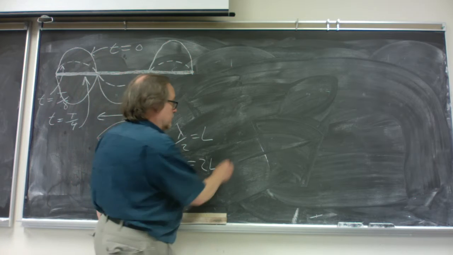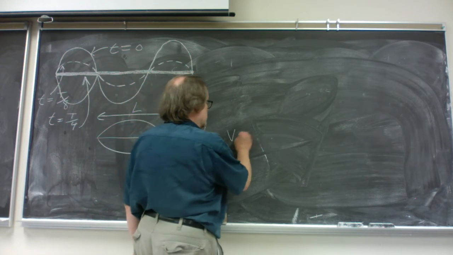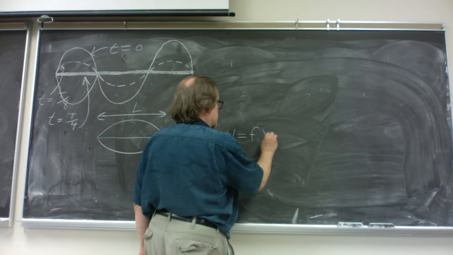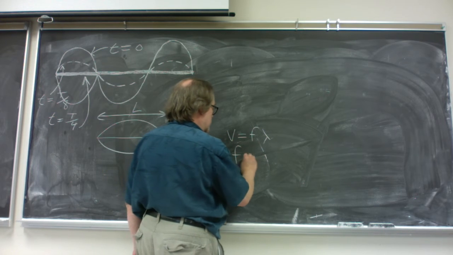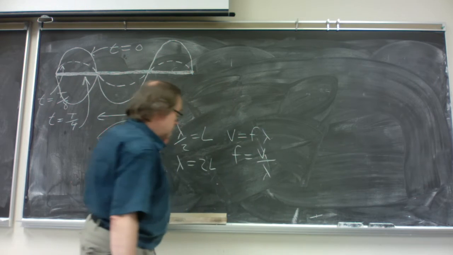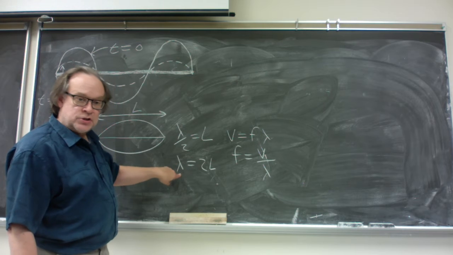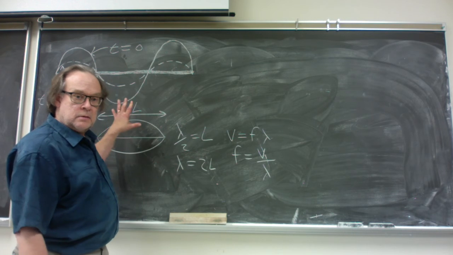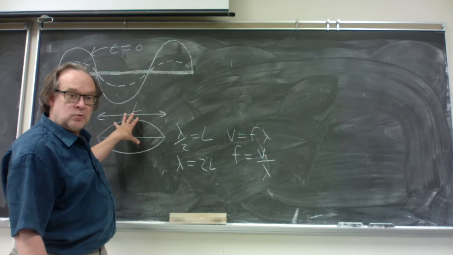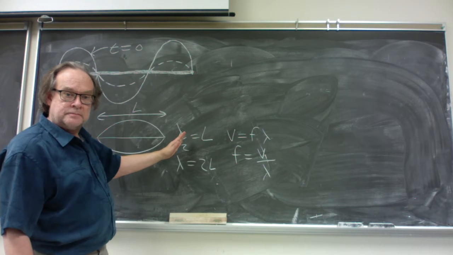Now use the basic relationship for a traveling wave. Wave speed is frequency times wavelength, or frequency is equal to wave speed over wavelength. So this is the right wavelength to fit this standing wave onto this string.